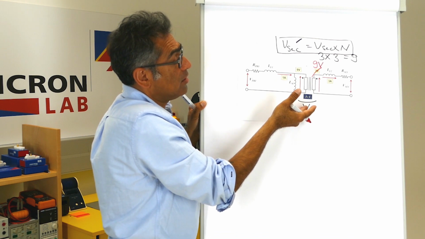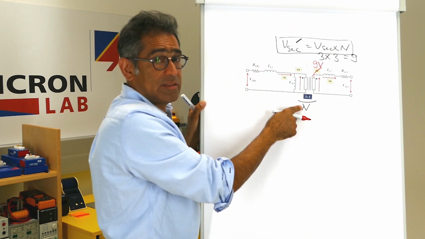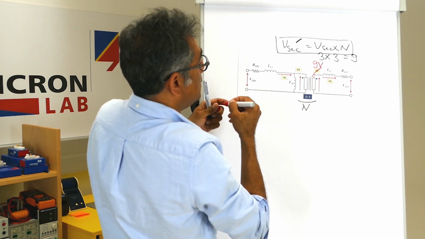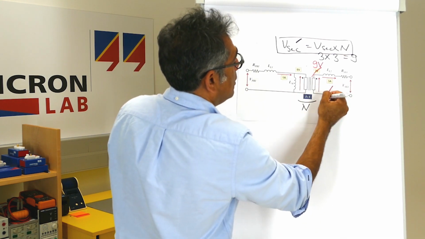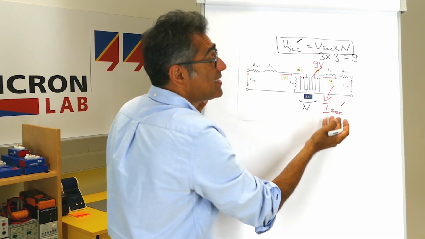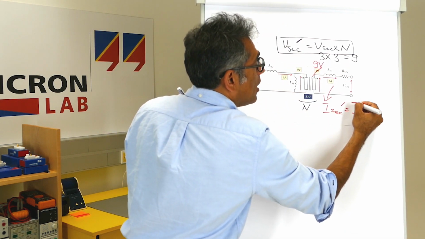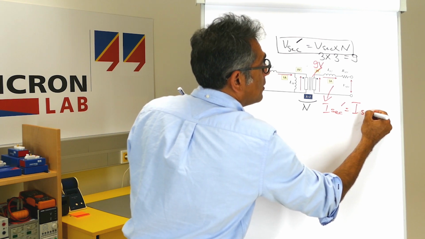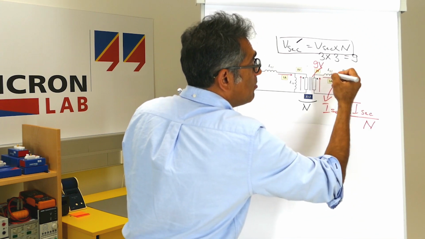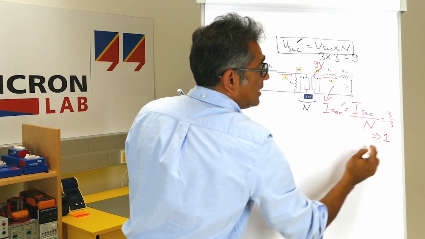It's my turns ratio. So you can see that 3 amps divided by the turns ratio, which for my case is 3 to 1, gives me 1 amp. So what I can say is, coming down here, I sec prime, the secondary current referred to primary, is equal to I sec, the real current, divided by turns ratio, which in my case will be 3 divided by 3, is equal to 1 amp, which is exactly what I want.